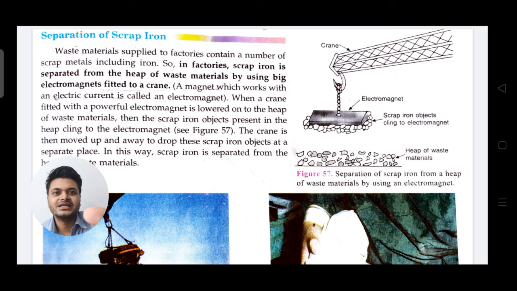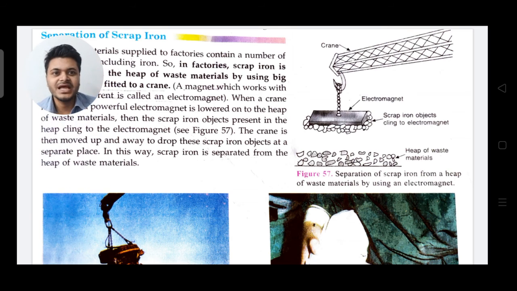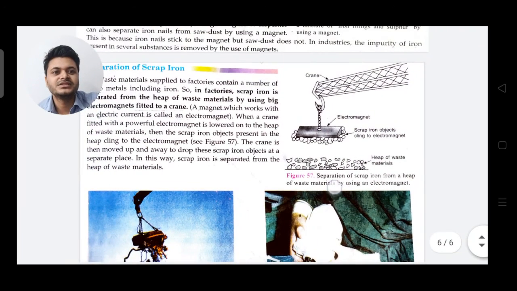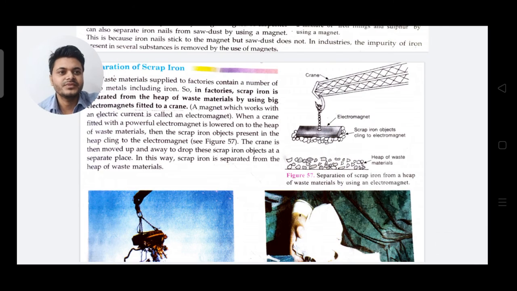The crane is then moved up and away to drop the scrap iron into a separate place. This way the scrap iron is separated from the heap of waste material. You can see the pictures. This is all about the separation of a mixture of two solids.